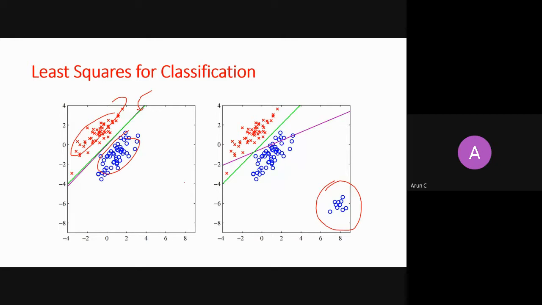But if you add some points here, they will have more attraction for this least square, and you pull this magenta line like this, which is actually creating some error. Ideally, this is the decision boundary, which should not be hampered because of the addition of some points here. But because we are doing least squares, it will hamper it. So least squares is not robust to outliers.